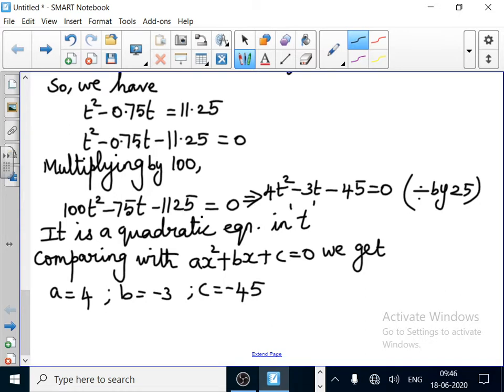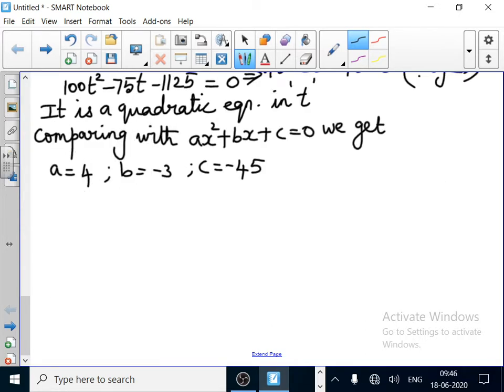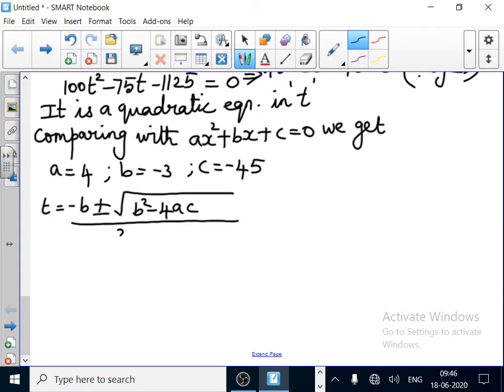And now use the quadratic formula. It is an equation in the variable t, so t equal to minus b plus or minus square root of b² minus 4ac, whole divided by 2a.